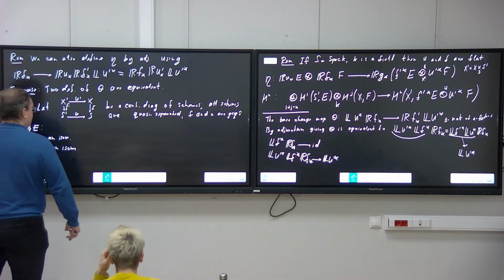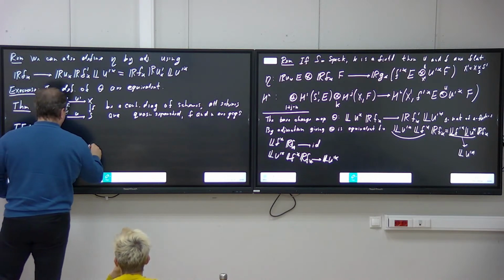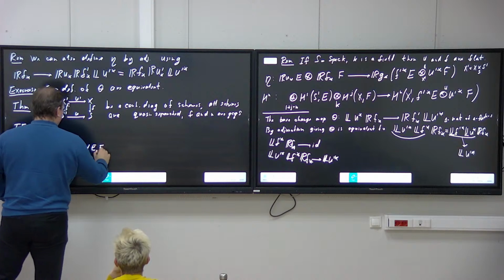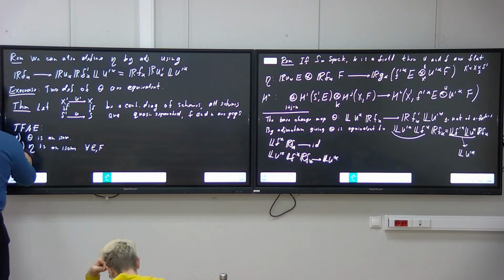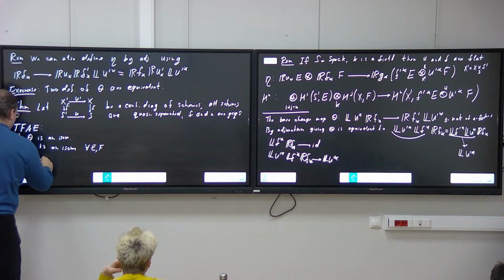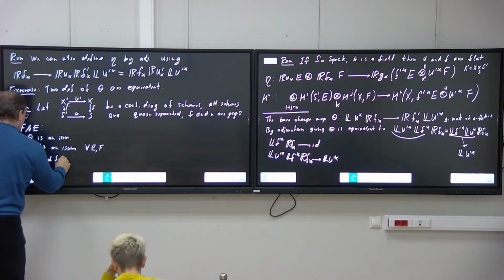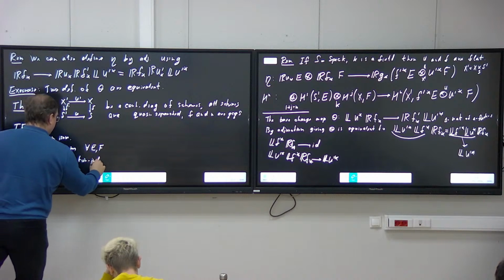Since I defined this eta using some E and F, let me briefly write that this is for all objects E and F. And 3: U and F are Tor independent.